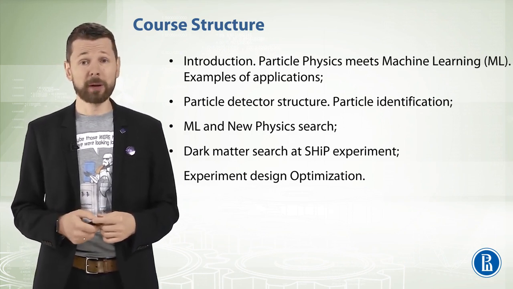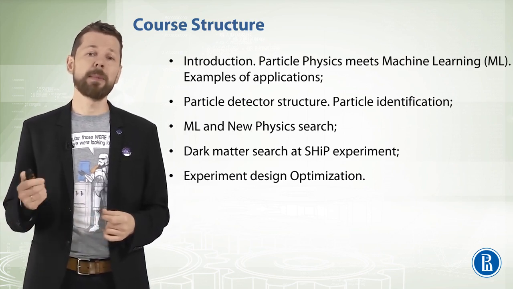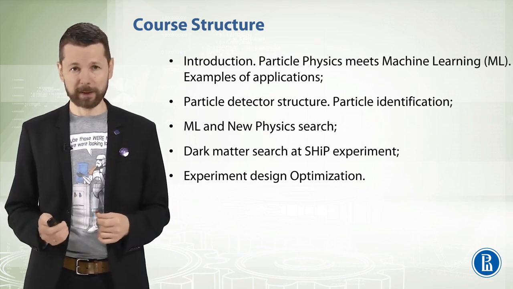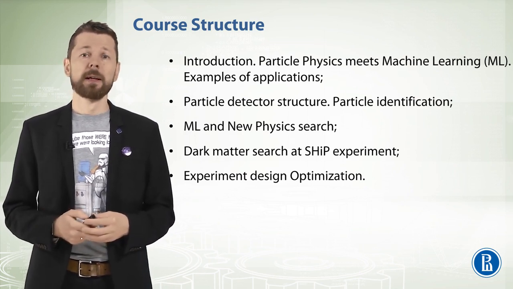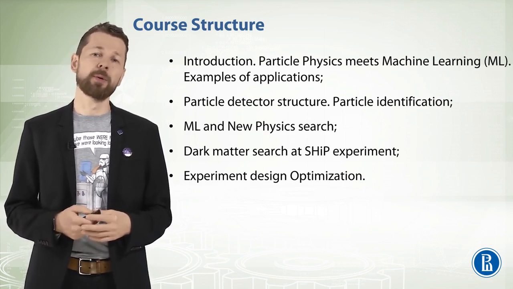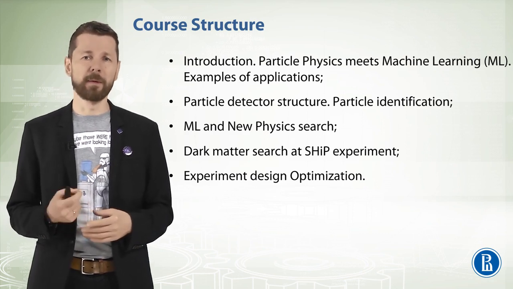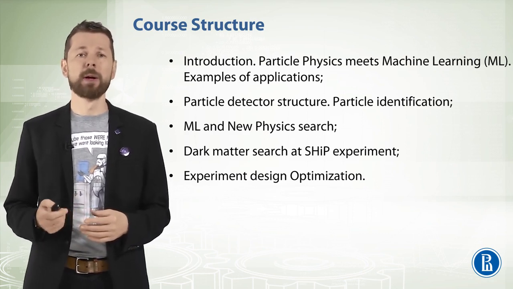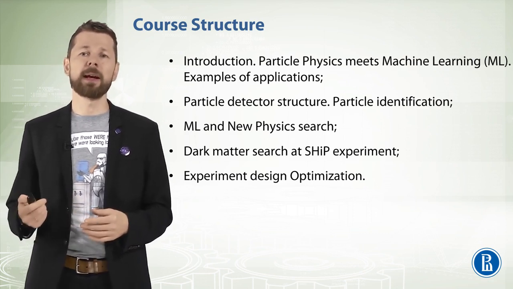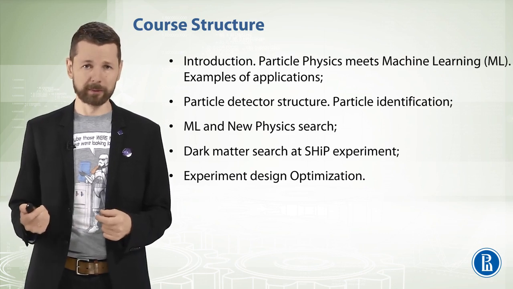In the third lecture, we will explain how new physics search can be mediated through a search for rare processes. Then we'll show some examples of dark matter search at a proposed experiment at CERN. And in the final, fifth lecture, we will show how machine learning techniques can be applied to design a new experiment or upgrade an existing detector.